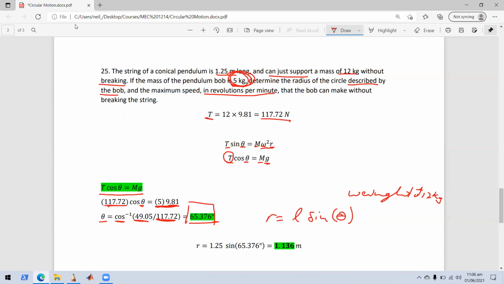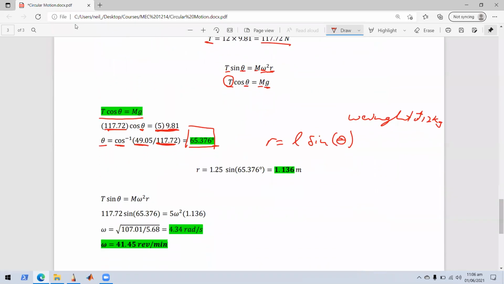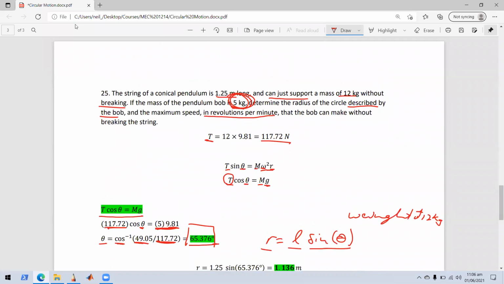Now, having found theta, we can use theta to find our other unknown, which is r. We know r is proportional to the length by means of this trig ratio sine theta. So r is equal to L sine theta. L is the length of that pendulum arm, which in this case is a string 1.25 meters long.